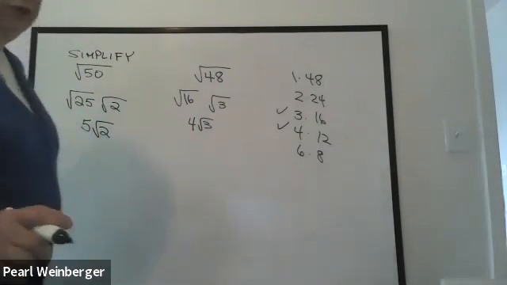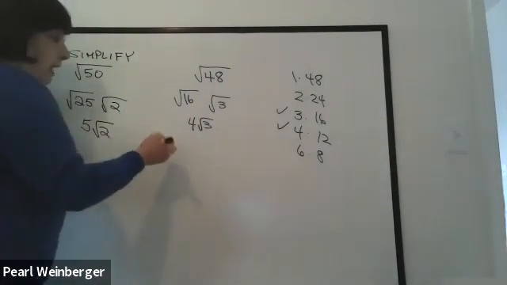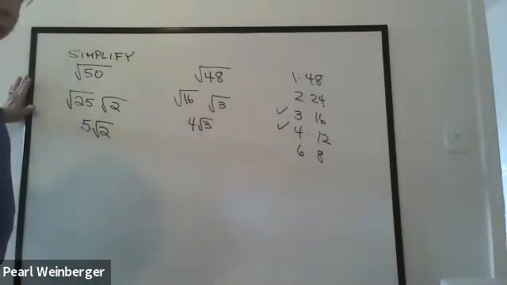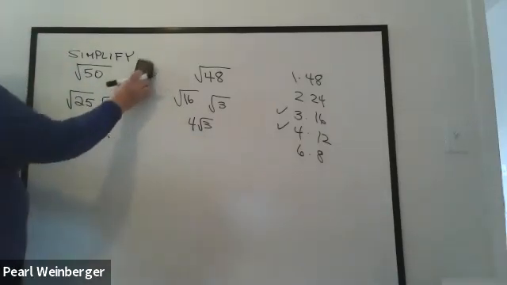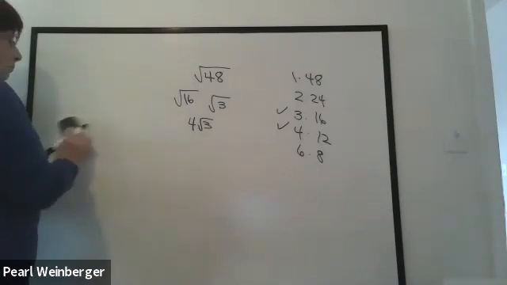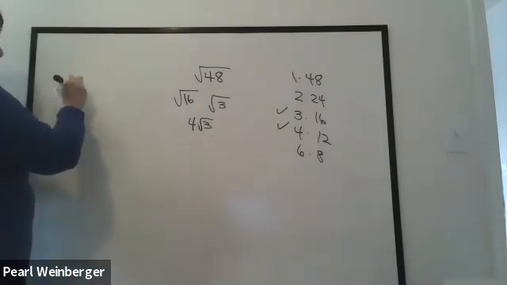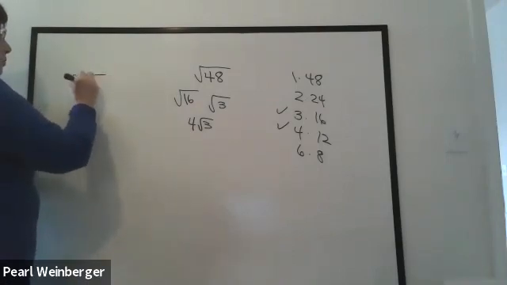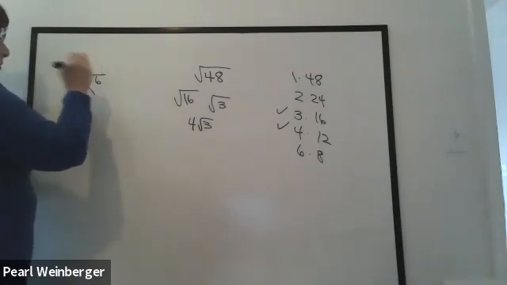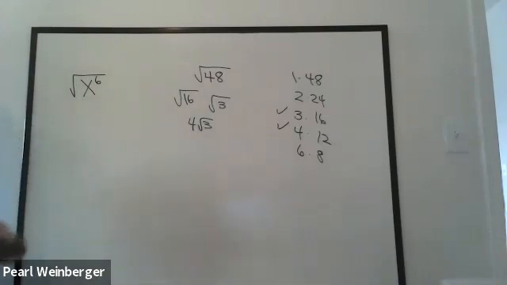Okay, I'm going to go one step further, and then I'm going to give you something to try. What if I have a variable inside my radical? So let's start with a really simple one. What if I have the square root of x to the 6th? What times itself will give us x to the 6th?